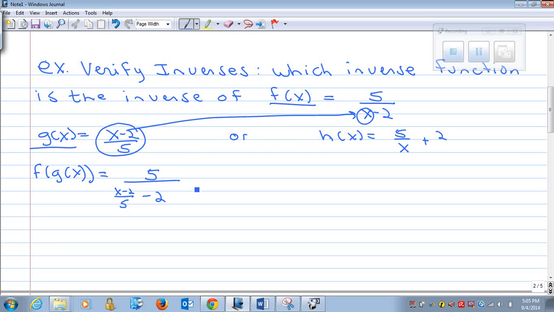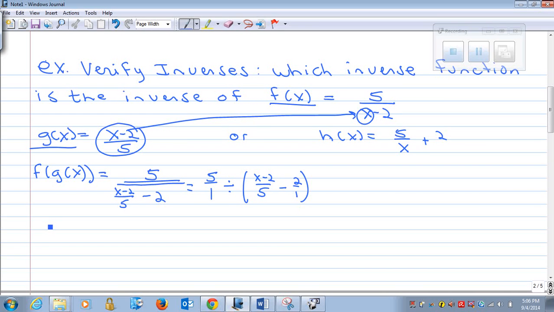I think it'll help a little bit if you write it out this way. So that is going to equal 5 over 1, that's your 5, and it's divided. That's what this fraction bar means. Divided by, and then I'm going to put in parentheses x minus 2 over 5 minus, and I'm going to make this 2 over 1. I think if you write it out like that, your algebra will be better.